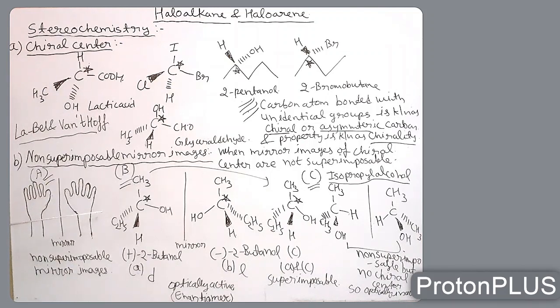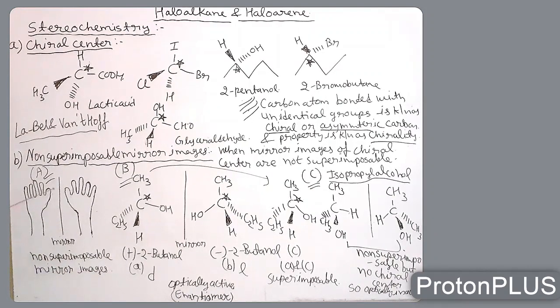C2H5 is below the plane, and hydrogen, these two are on the left hand side of the plane. Similarly in structure C, C2H5 and H are on the left hand side of the plane. OH is on the right hand side in both cases, and CH3 is the planar bond. So these two are identical. So these two images, A and C, by rotation of 180 degrees, are superimposable mirror images, whereas A and B are non-superimposable mirror images.